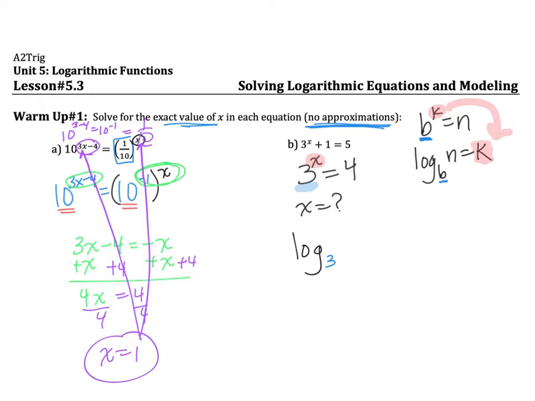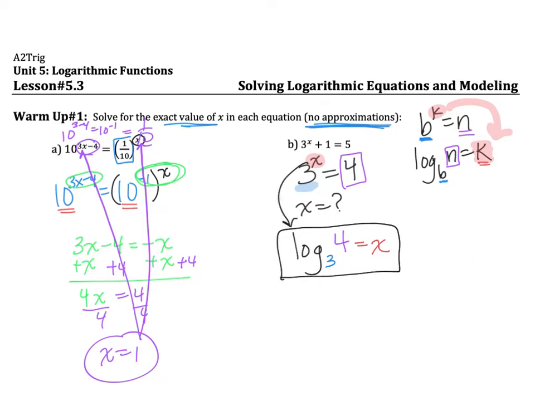Then I'm going to put whatever value I have here, which is my n, with my log, so it's log base 3 of 4, and finally that is going to equal x. So I have isolated x. This is my final solution. If I wanted to solve for x, this is an exact value. I don't have an approximation, that's just the exact value. Now we will eventually get an approximation, a decimal answer, when we use our calculators toward the end of this lesson and toward the end of the unit, but for now that is known as an exact value.